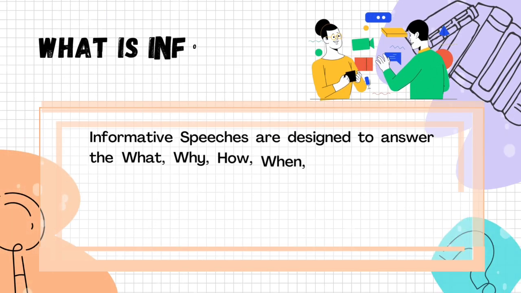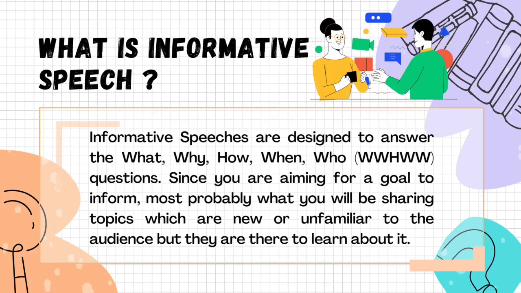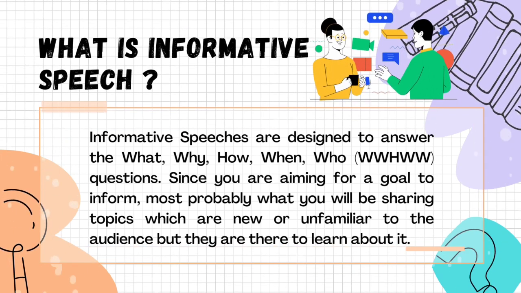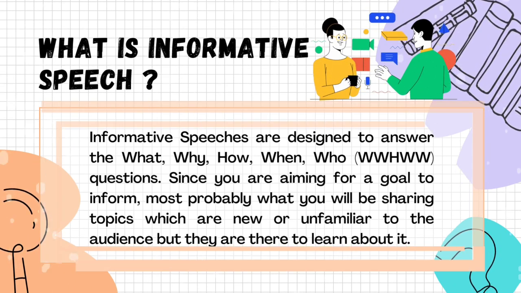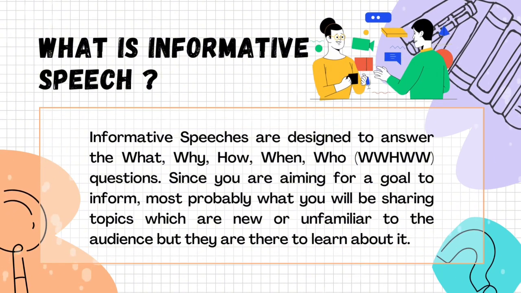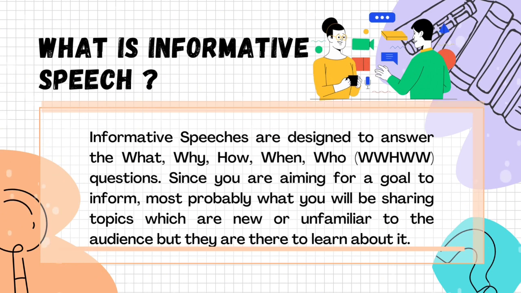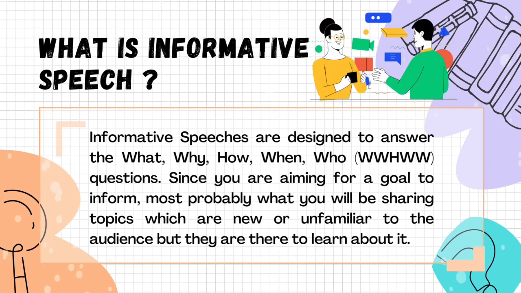Before delivering a speech, understanding the context is crucial. This involves recognizing the nature of the event, identifying the audience, and clarifying the speech's goal. When the objective is to educate and share new information, an informative speech is the chosen approach. These speeches aim to address the what, why, how, when, and who questions.